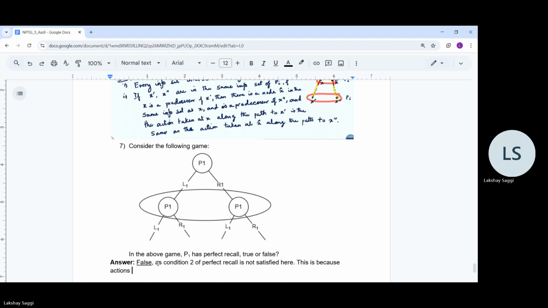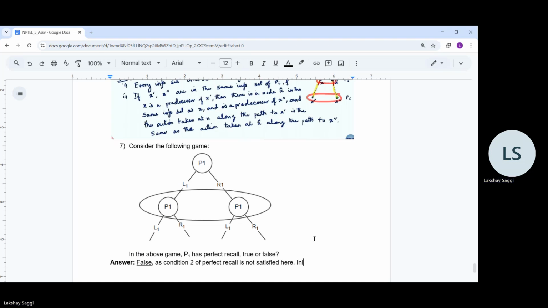Intuitively, what you can think is that if P1 chooses L1 or R1, it still goes to the same information set. So P1 actually does not even remember whether it has chosen L1 or R1. It cannot distinguish between these two nodes, so it cannot distinguish between whether it played L1 or R1.